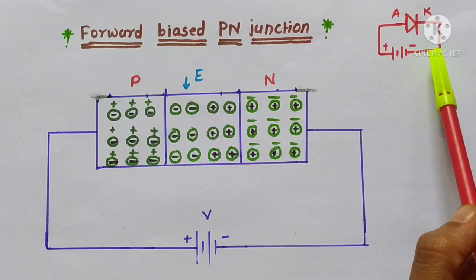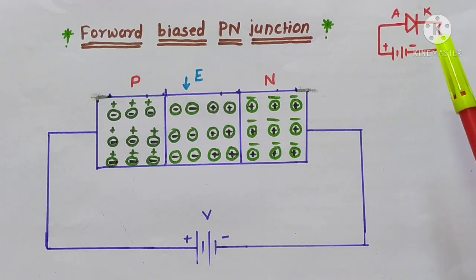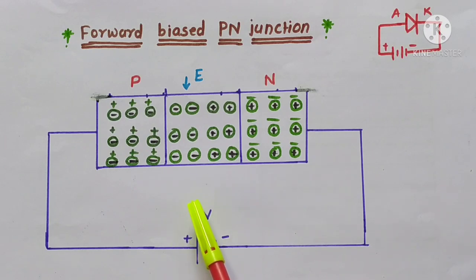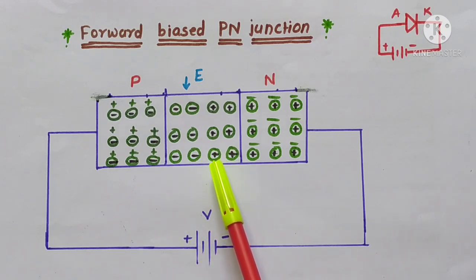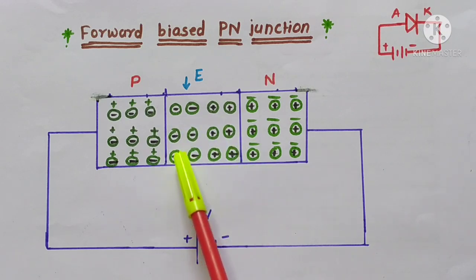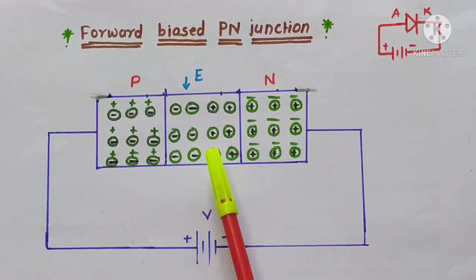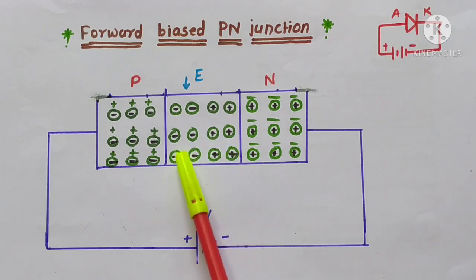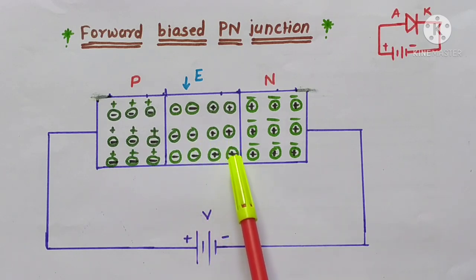In this forward bias condition, the external electric field is in the opposite direction to that of the inbuilt field of the depletion region. Okay students, so due to that, the effective electric field at the junction will reduce, which means the depletion region will get reduced.